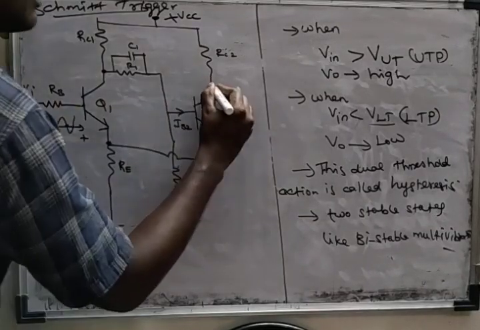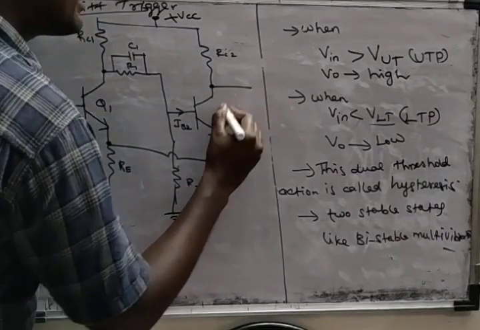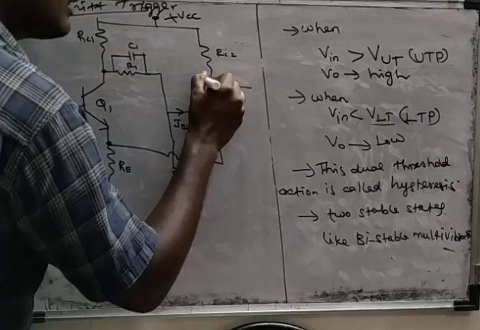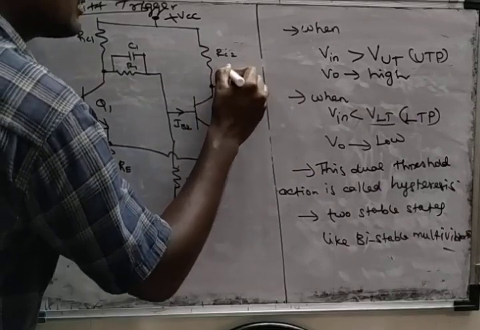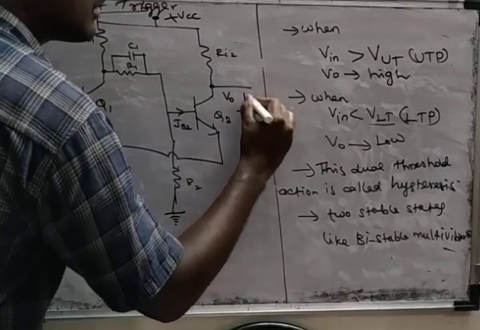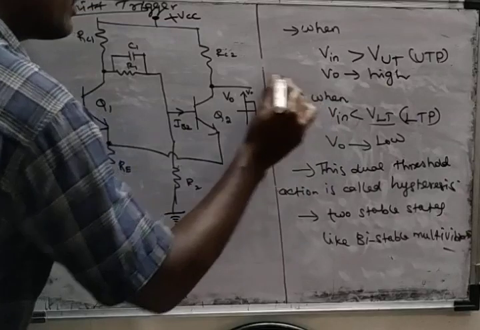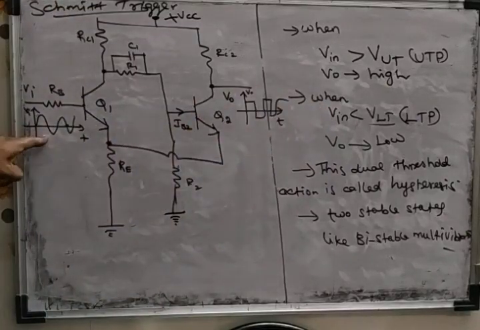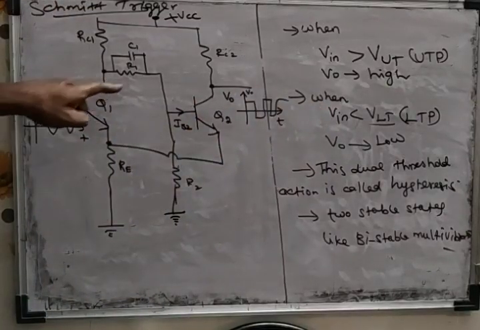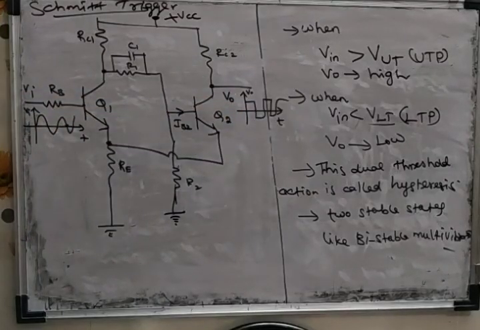In transistor Q2 we get the square wave output at the collector point. Here we get V0 as the square wave. We give the sine wave input to transistor Q1 and we get the square wave output at transistor Q2.